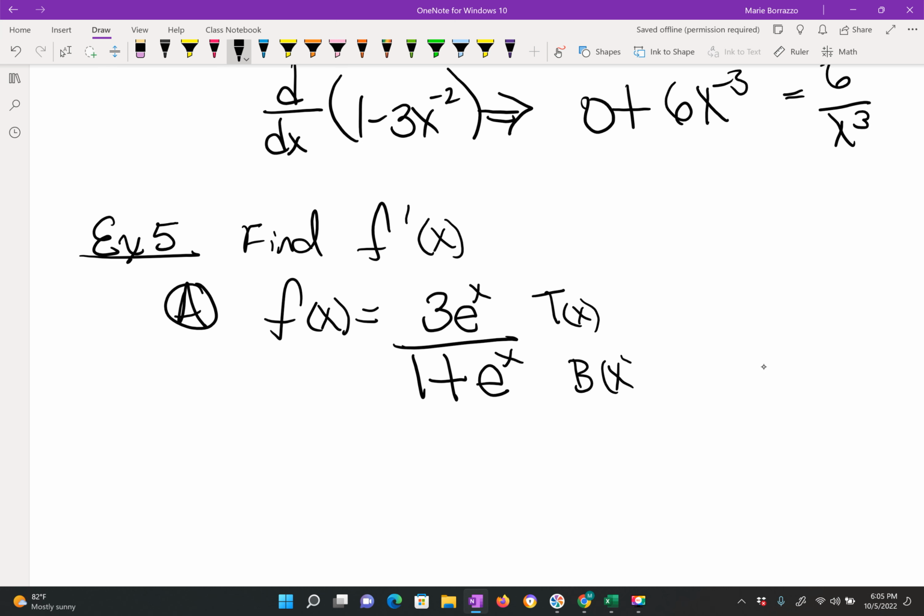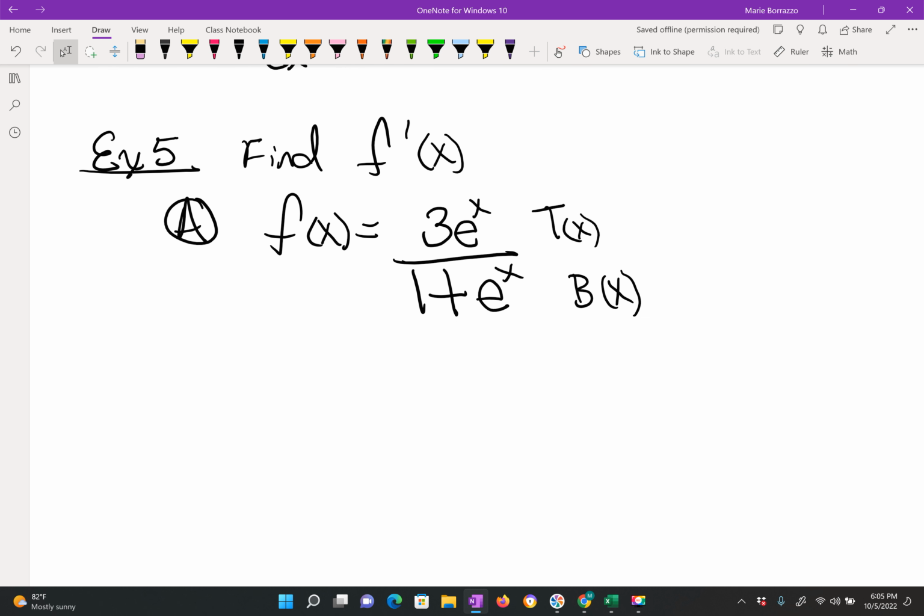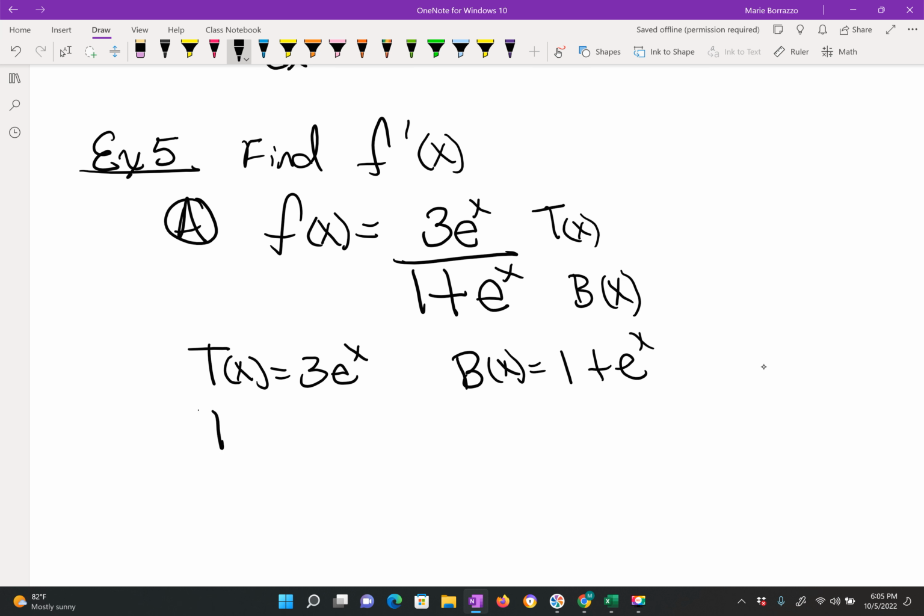So we want to find the derivative of the first equation and the second equation. I know that t of x is equal to 3e to the x. I know that b of x is going to be equal to 1 plus e to the x. I need the first derivative of this term, which is what? E to the x. It's just 3e to the x, no change. What about this derivative? It's just e to the x.